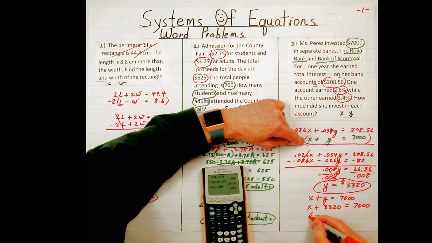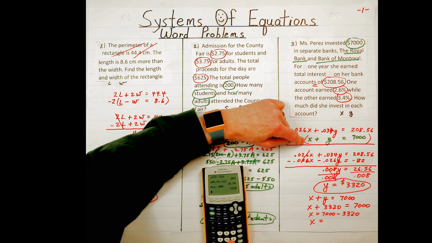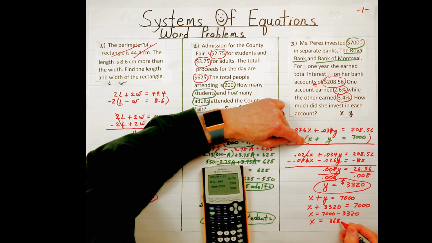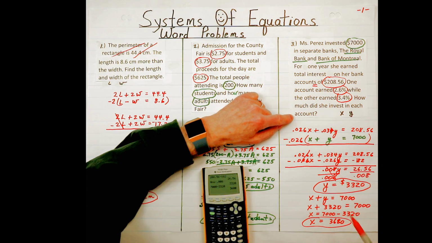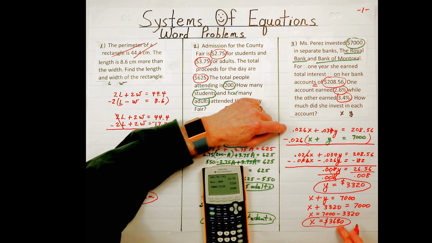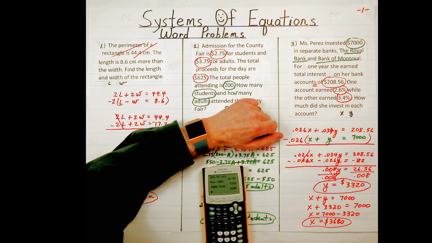We have to subtract it, opposite operation. 7,000 subtract 3,320 equals 3,680. Okay, so how much did she invest in each account? She invested $3,680 in one of her accounts, and in the other one $3,320.